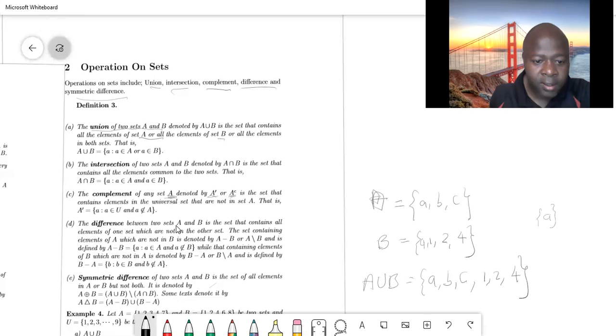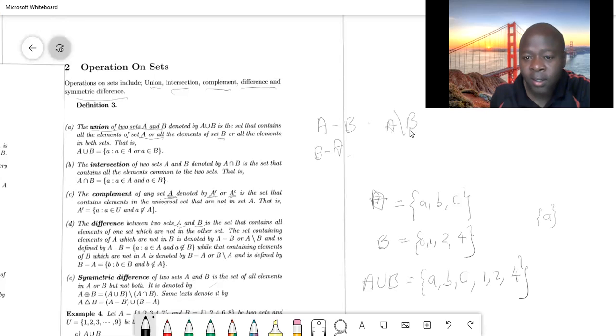Then there's the difference. When I'm talking about difference, I'm looking at two sets A and B, or any two sets. The difference between A and B would be the elements in A which are not in B. And similarly, the difference between B and A is the set that contains the elements which are in B but not in A. We can denote it this way, or we can also denote it as this.